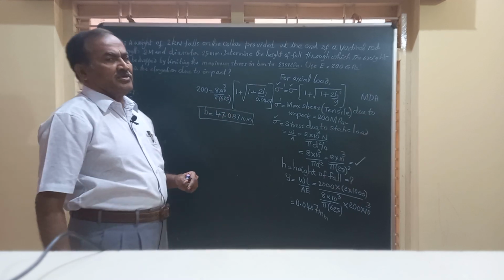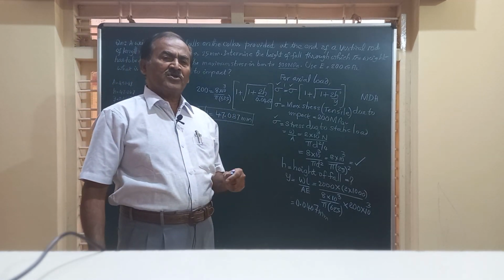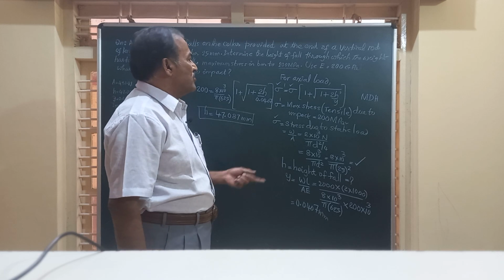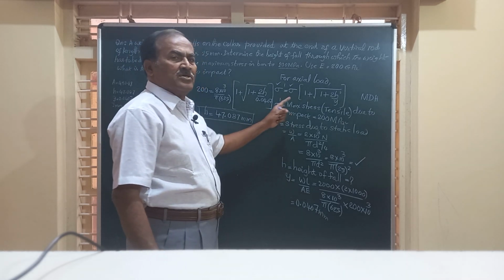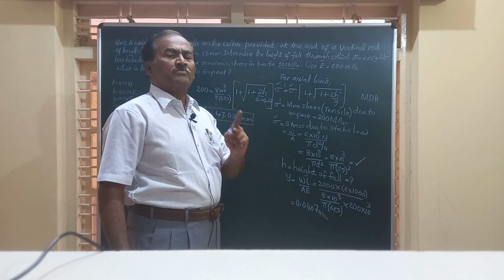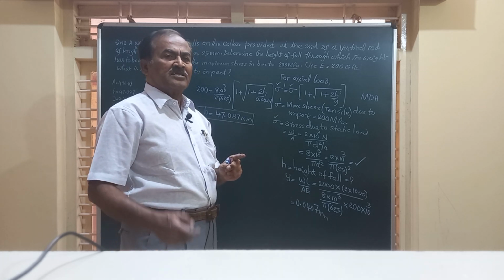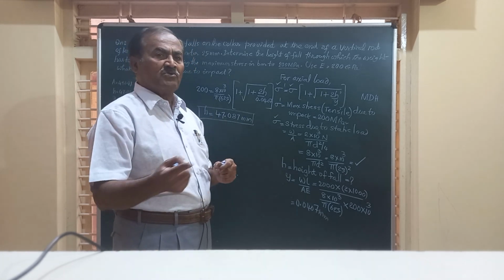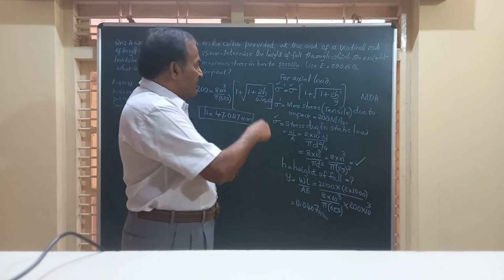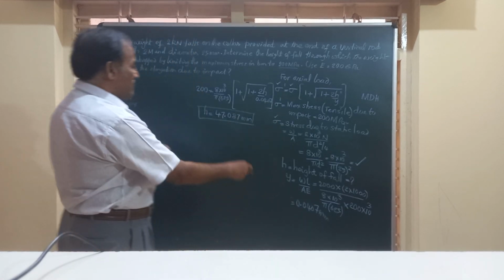Friends, if we refer to the machine design data handbook, similar to this equation, we have an equation for the maximum deflection, that is the deflection due to impact, which will be far higher than this value of y.